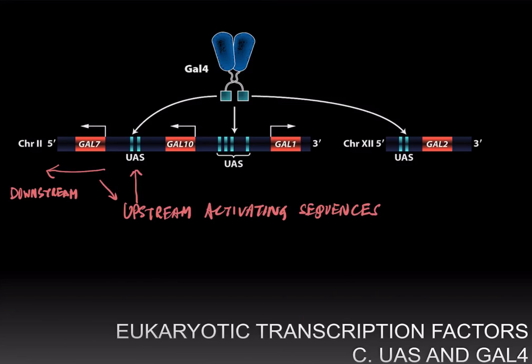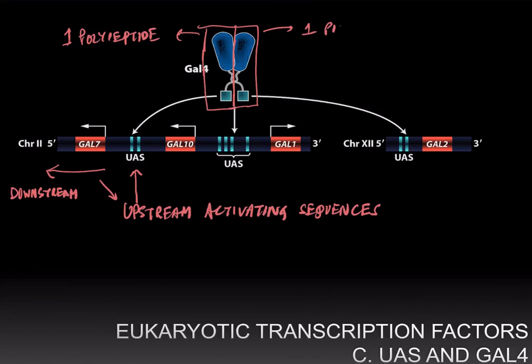And GAL4 binds these binding sites as a dimer. So this is one polypeptide of GAL4, and on the right is another polypeptide of GAL4, and these two polypeptides stick to each other or bind to each other, forming a dimer.